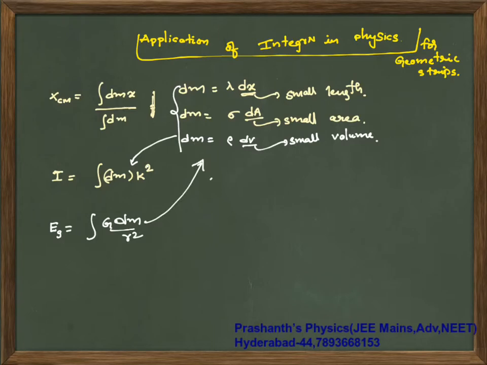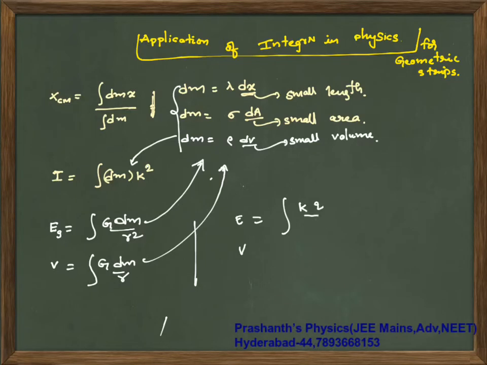Potential, g into dm by r integral, once again you will take this. And then similar is the case for electric potential and electric field. For E you will write integral of k into dq by r square, and for V you will write k into dq by r for potential.